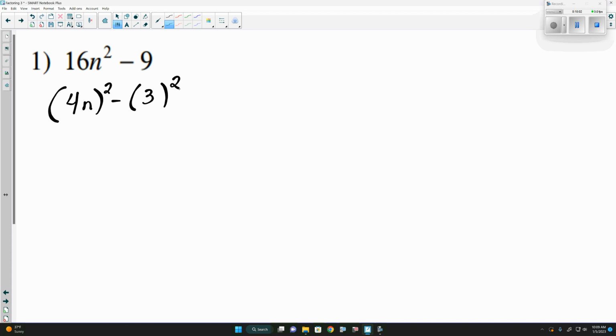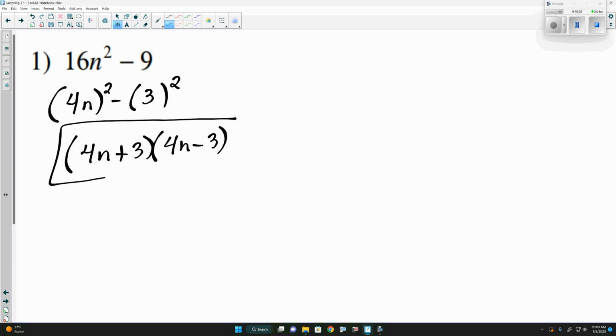So we don't necessarily have to rewrite it out in this form for a and b, but it just kind of helps us to say that we have a plus b times a minus b, or in our case, 4n plus 3 times 4n minus 3 is our answer. Questions on these here? I think most of y'all are now remembering why you like the difference of perfect squares over the others.